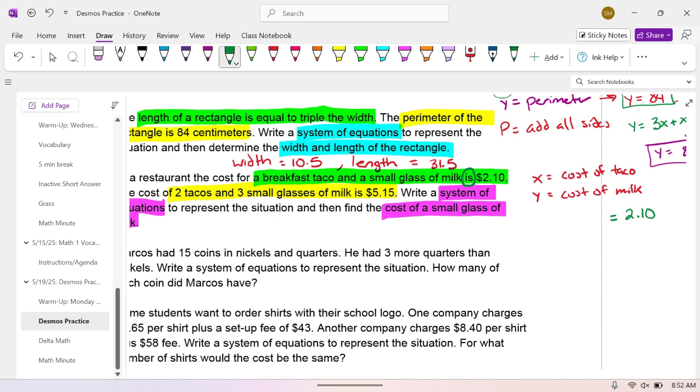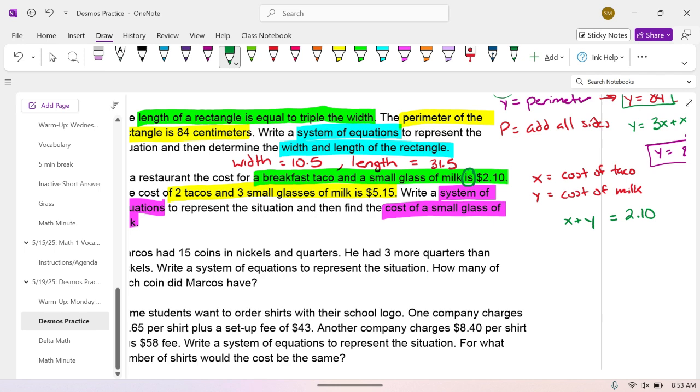That's our total cost for the entire order. We had a singular taco and a singular glass of milk. So how would I write an equation to represent that cost, using what I just defined as my variables? X plus Y equals 2.10, because you have a singular taco, so you're only paying the price for one, which is X. A singular glass of milk, so you're only paying the price of one, which is Y, and you're saying it equals 2.10. So that's the first part.